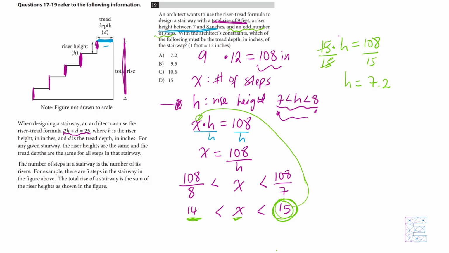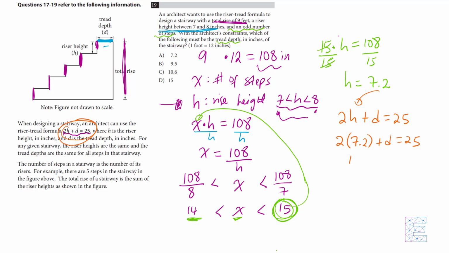However, the question is not asking us for the riser height. It's asking for the tread depth. Thankfully, there's an equation that we were given at the beginning, which was 2h plus d equals 25. Well, we just found out what h is, so we plug this number in here, and we'd have 2 times 7.2 plus d equals 25.